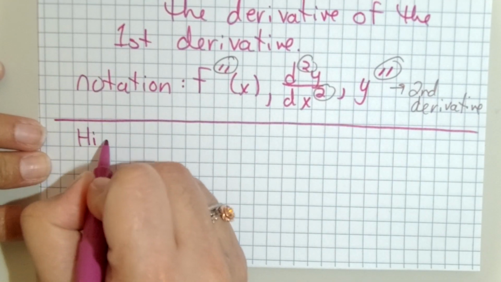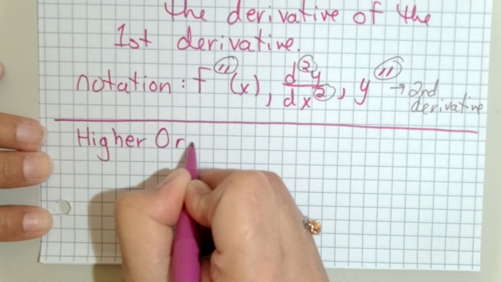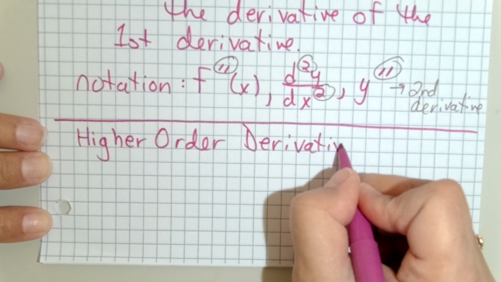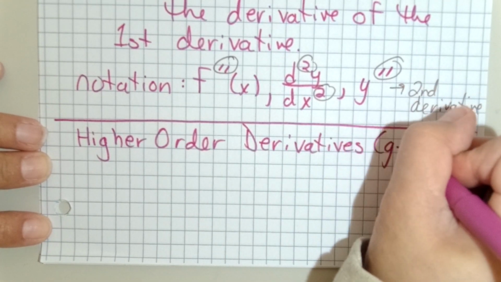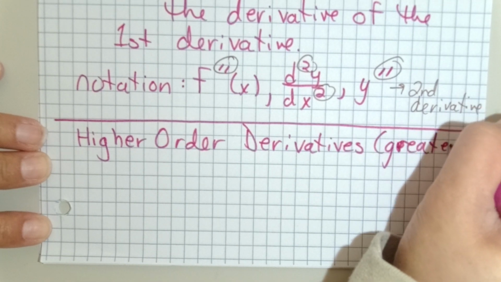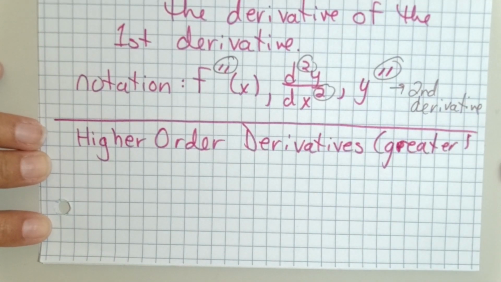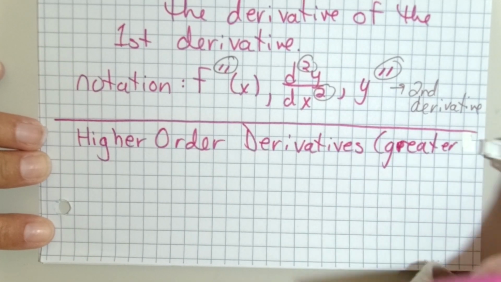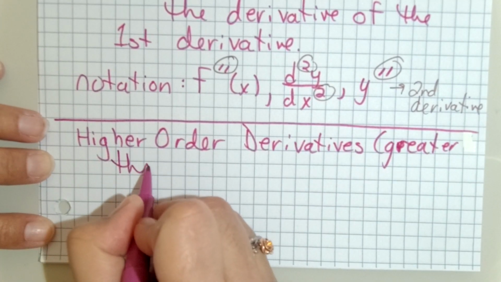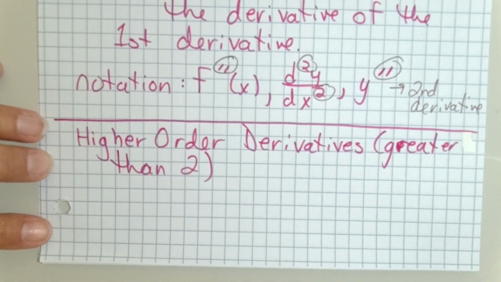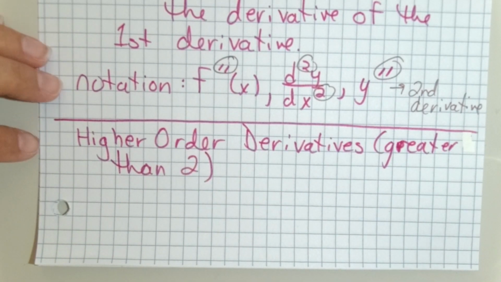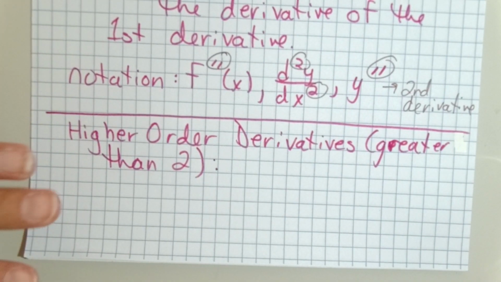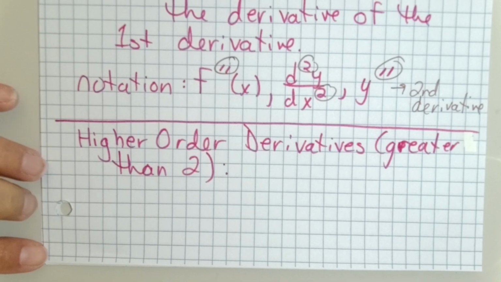For anything greater than 2, so third derivative, fourth derivative, 50th derivative. No, I'm not going to make you take the 50th derivative. The most I will go is fourth derivative.